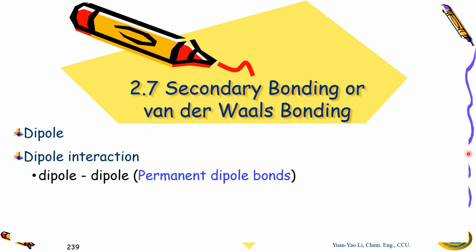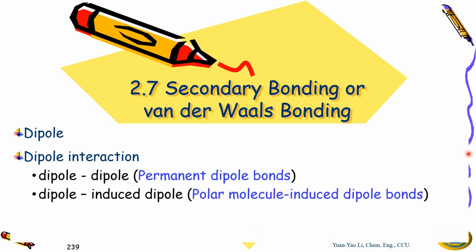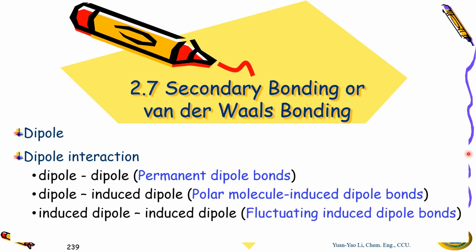The first one is called dipole-dipole interaction. The second one is dipole-induced dipole interaction. The third one is induced dipole interaction. This topic will very likely be in your final exam paper, so please pay a little attention to it.